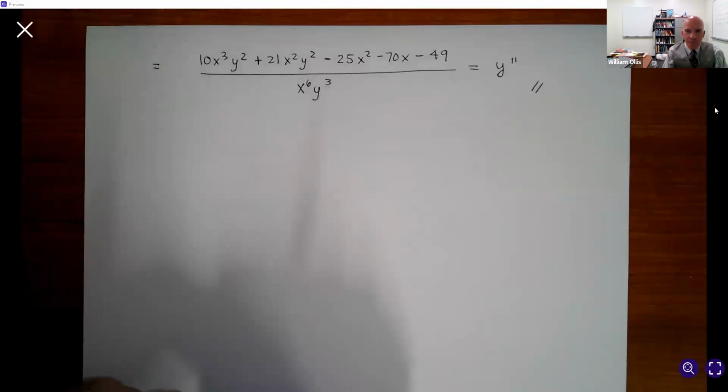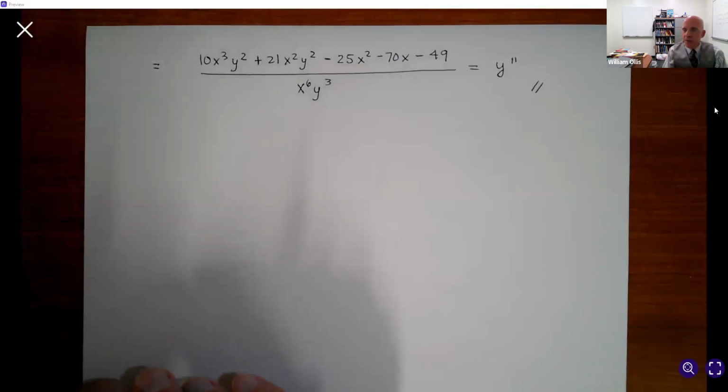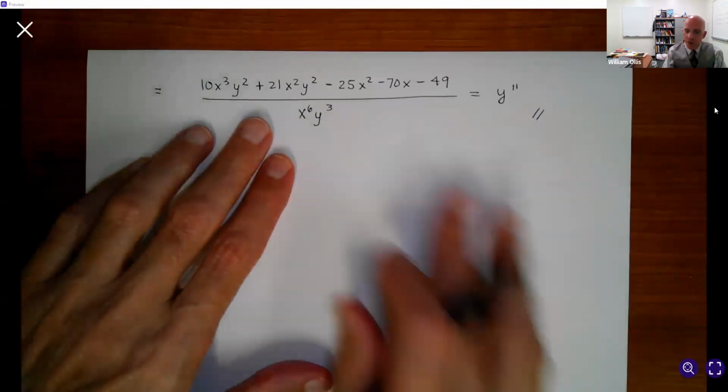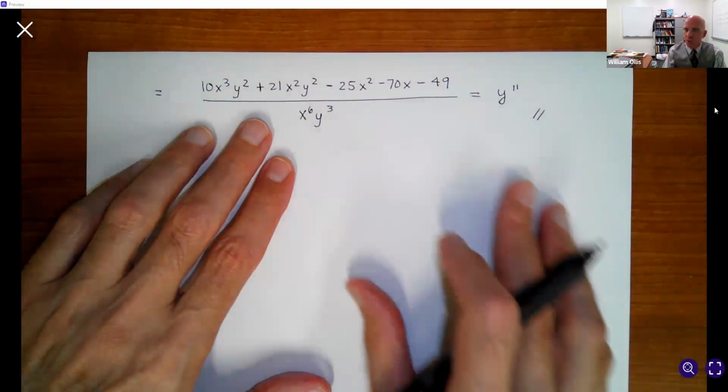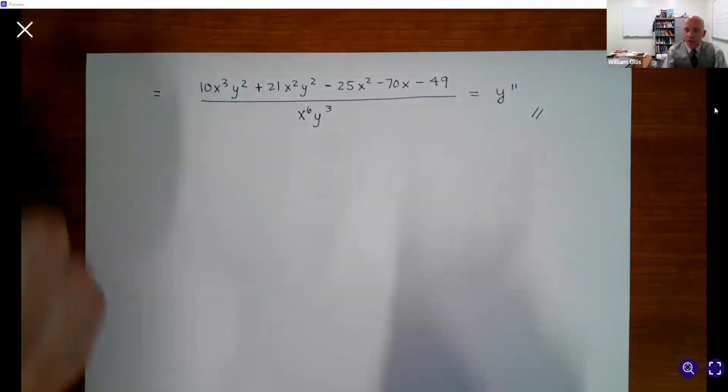So this should not be a surprise to you as far as the implicit equation and its existence, but the differentiation process can be applied in a way that we have a very usable formula for the second derivative, and we don't have a formula for y itself.